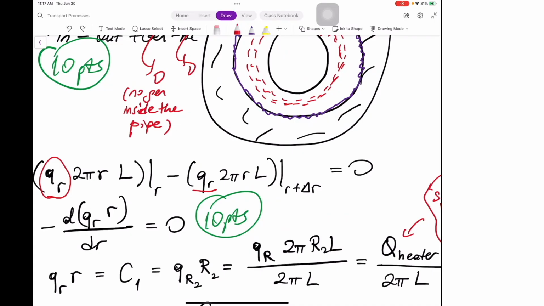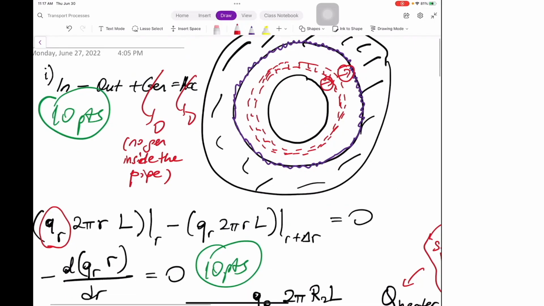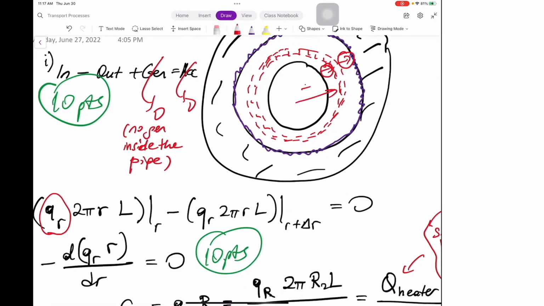Okay, but this one is evaluated at r equal to r plus delta r. This is in, this is out. And I use the convention that this is positive.